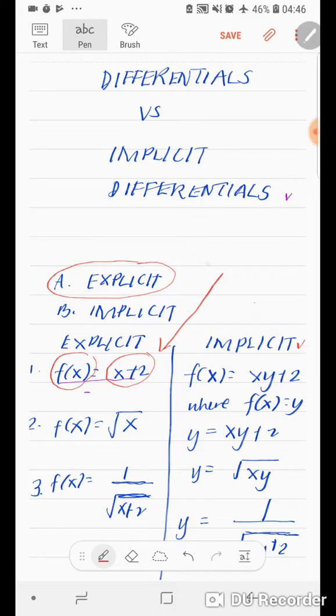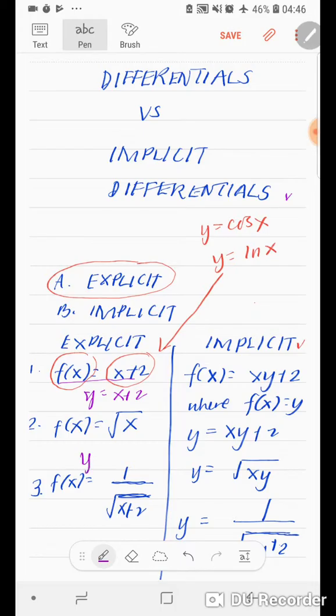Let me give you more examples. So y is equal to cosine of x, we have y is equal to ln of x. So when we solve these problems, we already go directly to the process because we don't need any more to separate the two. So explicit functions, for example, this can be written as y is equal to x plus 2.